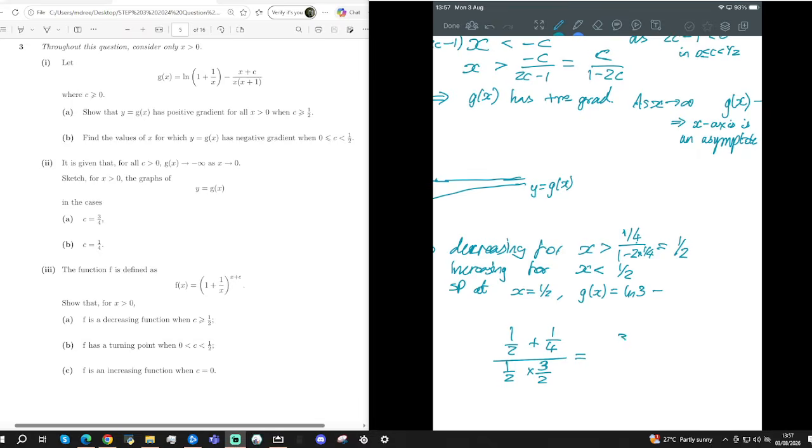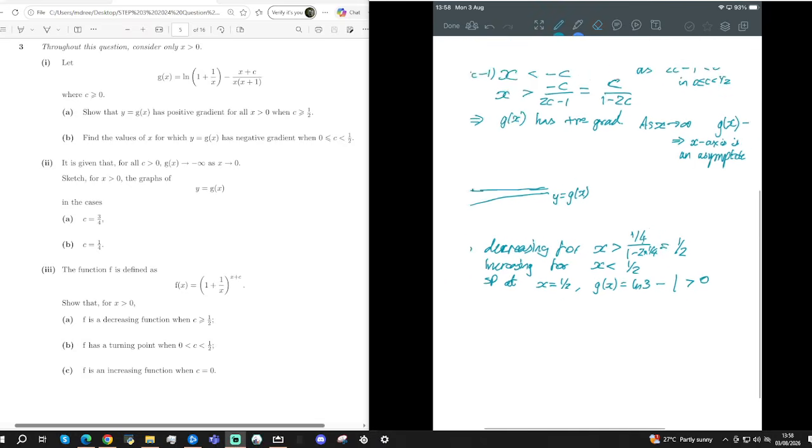Maybe the easiest way, collect like terms on the top. Okay, so it's just 1. So ln 3 minus 1. Now the slightly interesting thing, ln 3 is slightly bigger than ln e. e is slightly less than 3, so ln 3 is slightly bigger than 1. So this thing is positive.